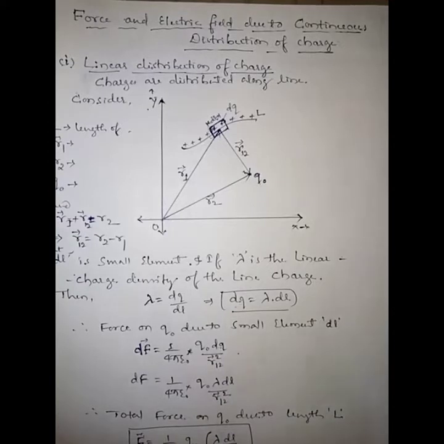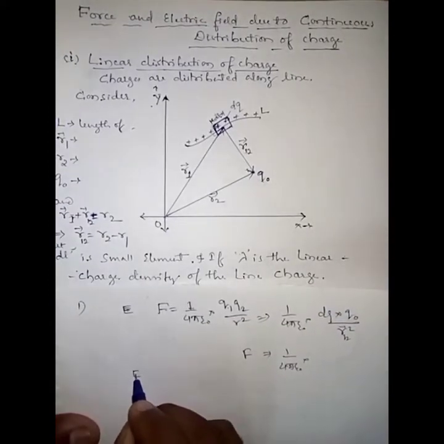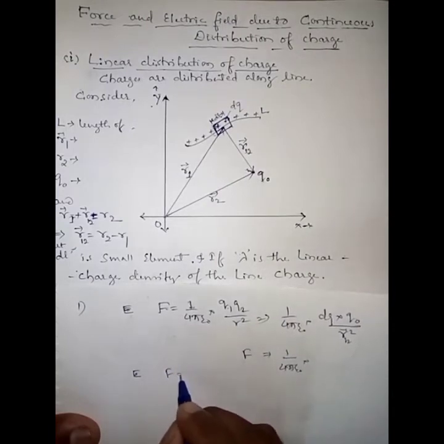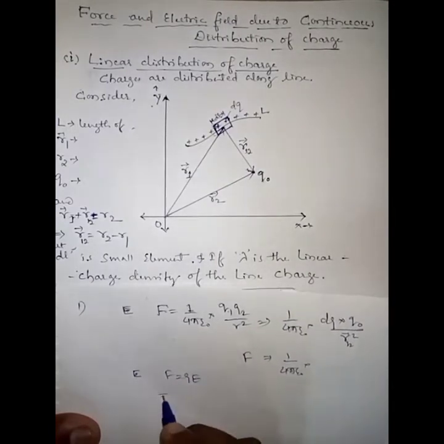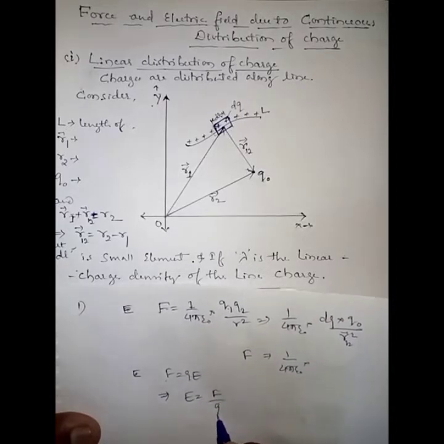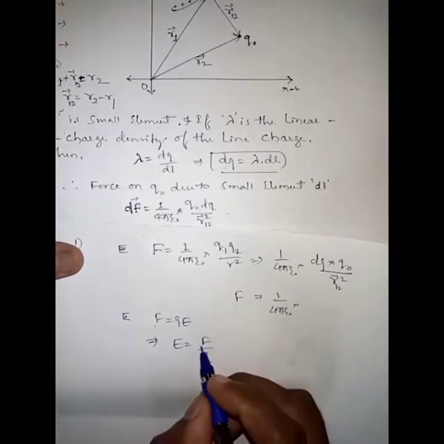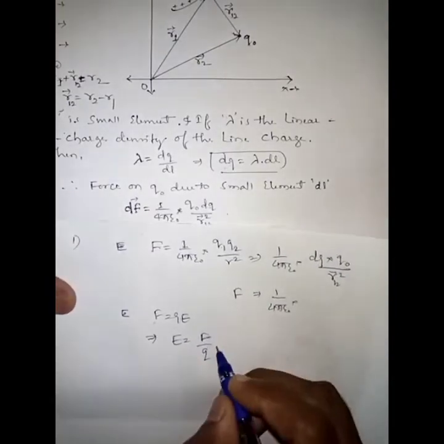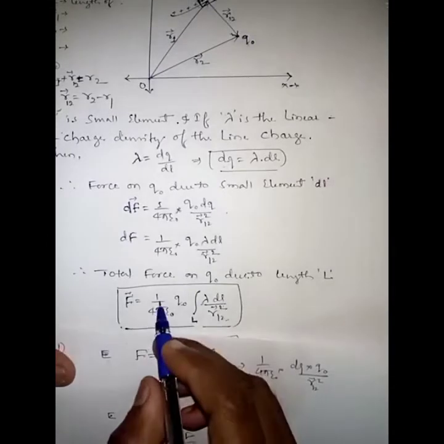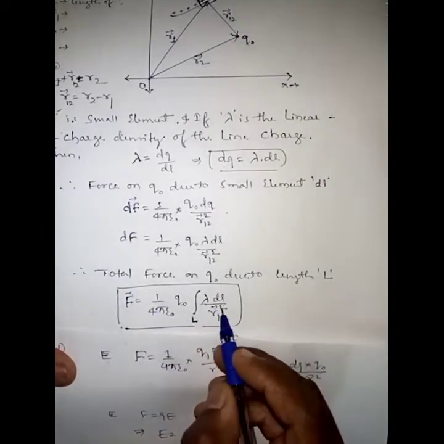By using this we can find the electric field. How to find the electric field? We already know F is equal to q into E. By using this relation, E is equal to F divided by q. We know F is 1 by 4 pi epsilon naught q naught lambda into dl by r12 square.